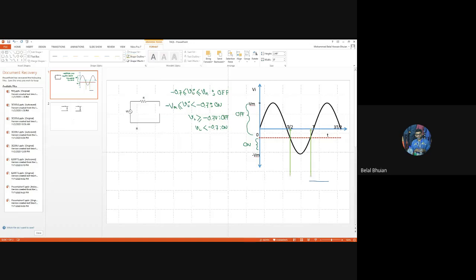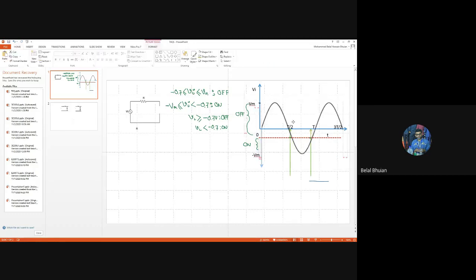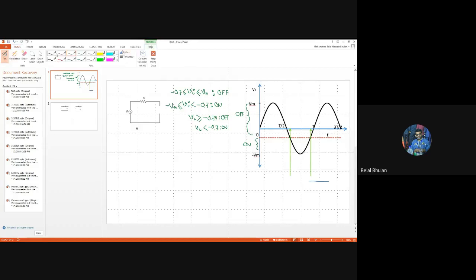And the point where it's intersecting at this instant, call it T2.